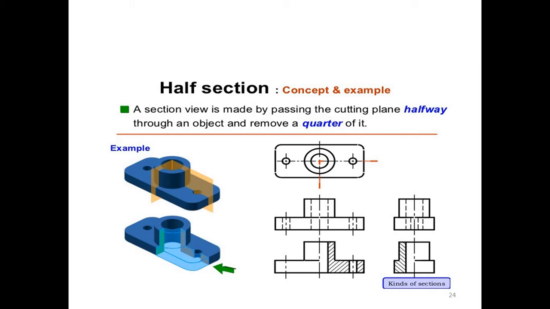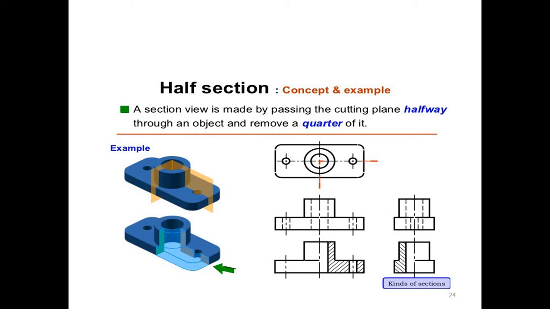So the 1/4 part of the component is removed, as shown in the second isometric view. When it is removed by the cutting planes, this isometric view is shown here, and the orthographic view is shown in the figure.